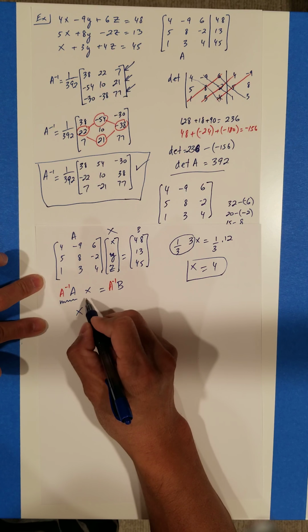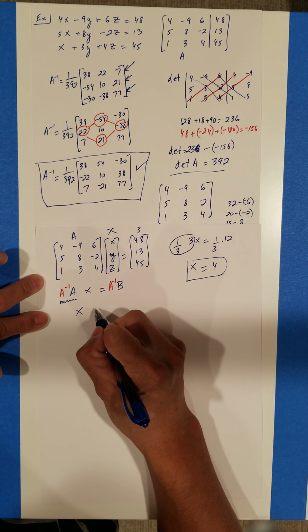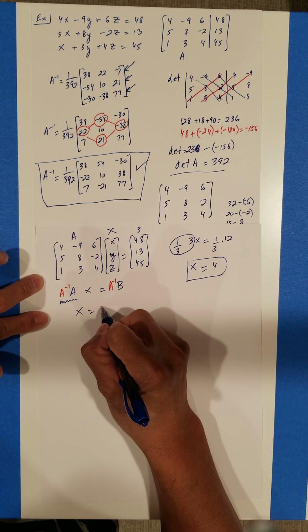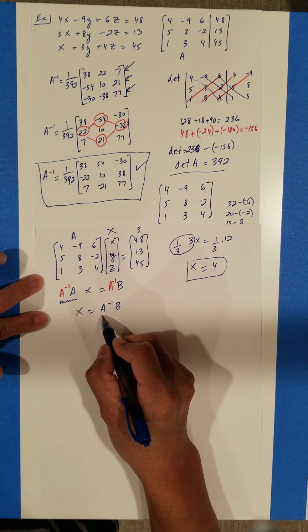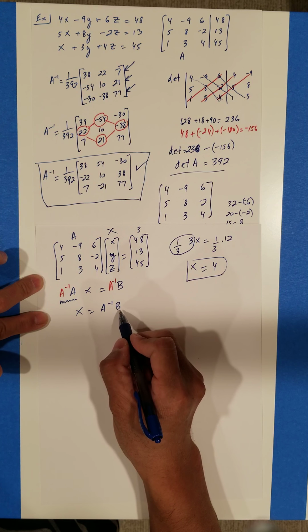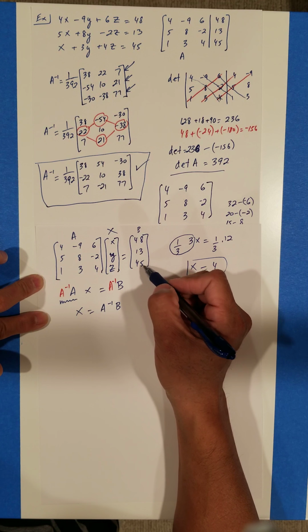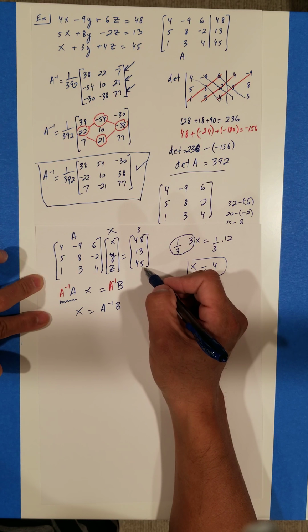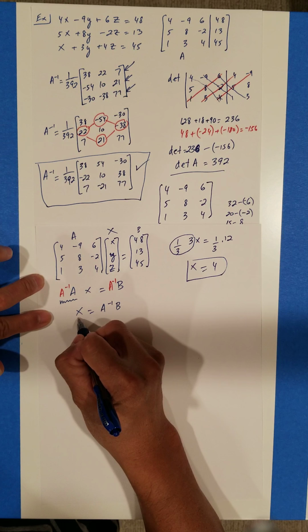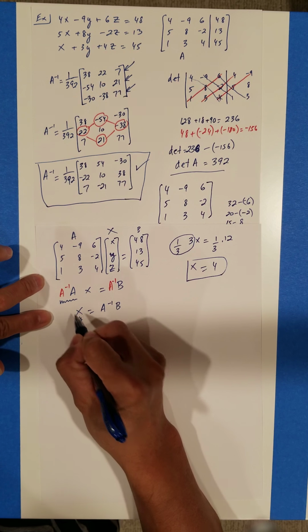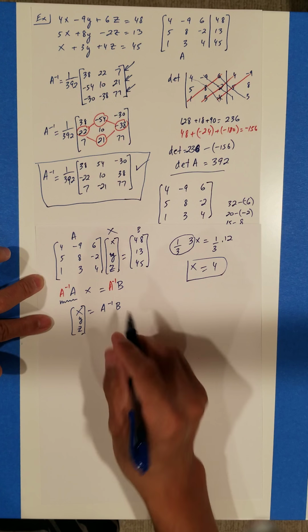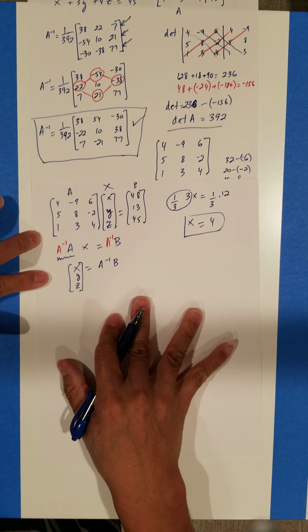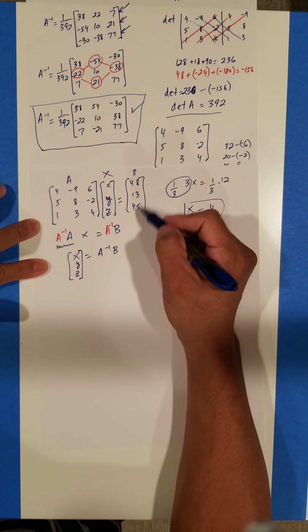And so my answer, xyz, is going to be A inverse times b. I'm going to take the inverse times my b value, which is 48, 13, and 45. So xyz will equal the inverse times the answers on the right hand side.